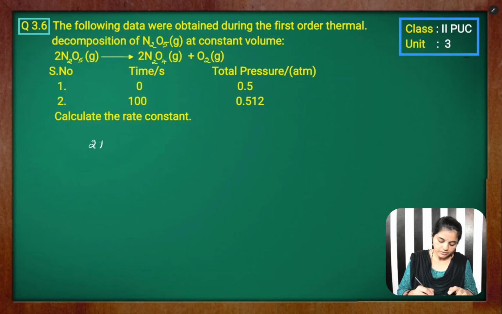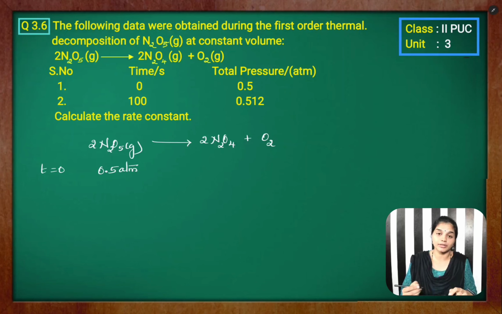The reaction is 2 N2O5 gas giving 2 N2O4 plus O2. Now at the start, the pressure of reactant is 0.5 atmosphere. So this is the total pressure. Since no products were formed initially, their pressure will be 0.